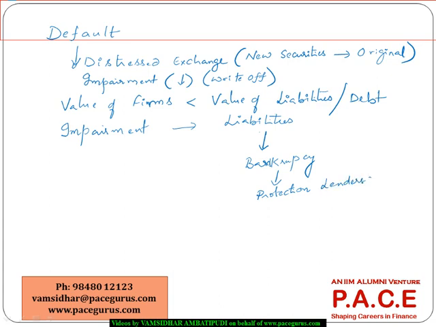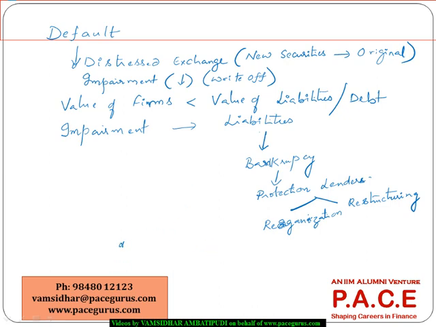There could be some kind of negotiations regarding the reorganization or restructuring of the debt, probably increasing the term or duration of payment, or converting debt into equity. So either there could be a reorganization or restructuring of the debt, and that could very well happen in case of any kind of impairment.